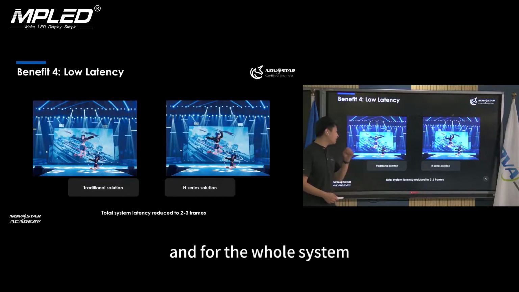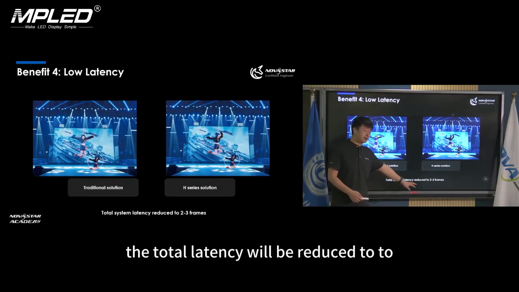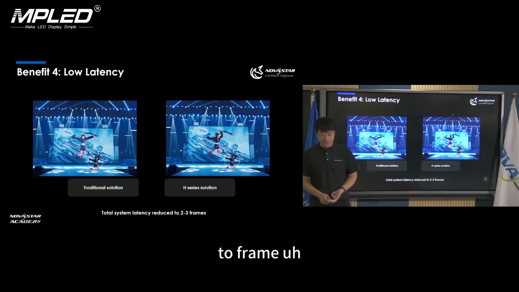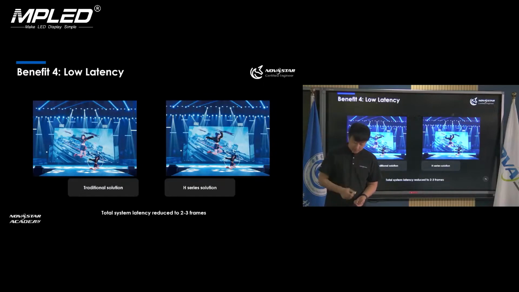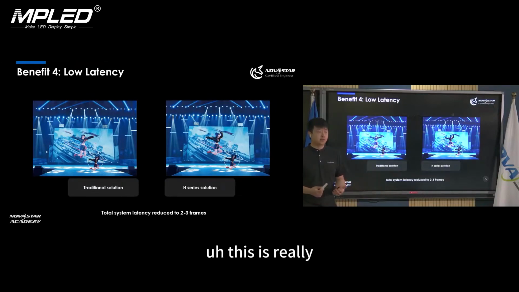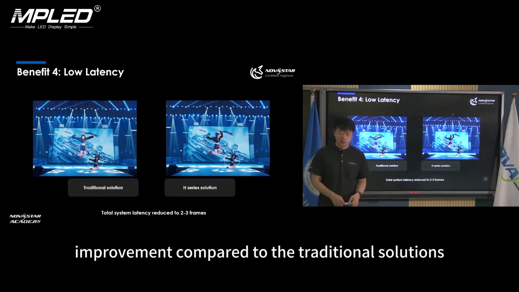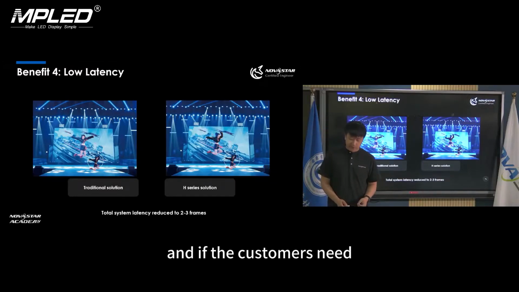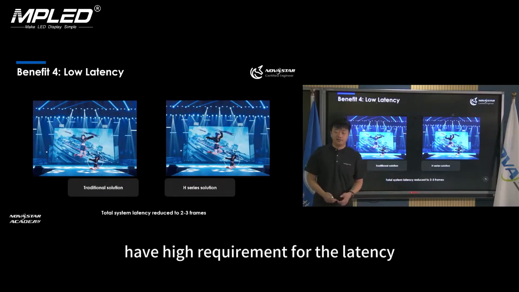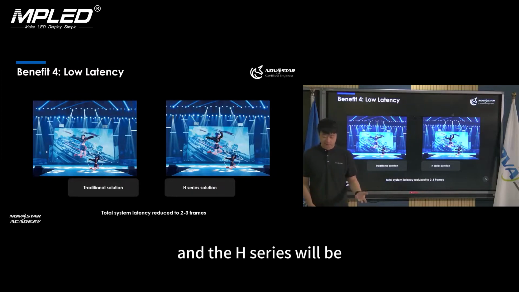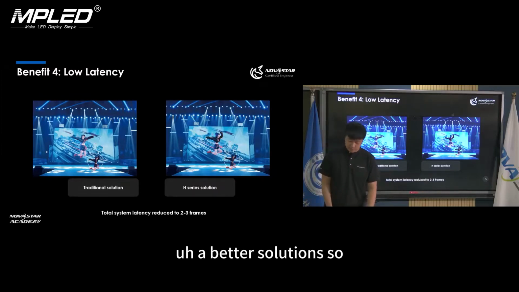And for the whole system, the total latency will be reduced to 3 frames of delay. So this is a really big improvement compared to the traditional solutions. And if customers have really high requirements for latency, the H series will be a better solution.